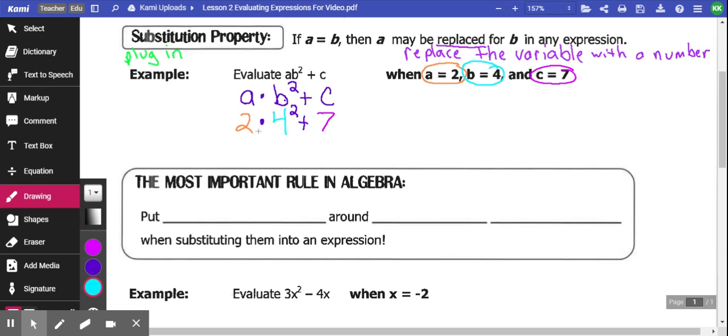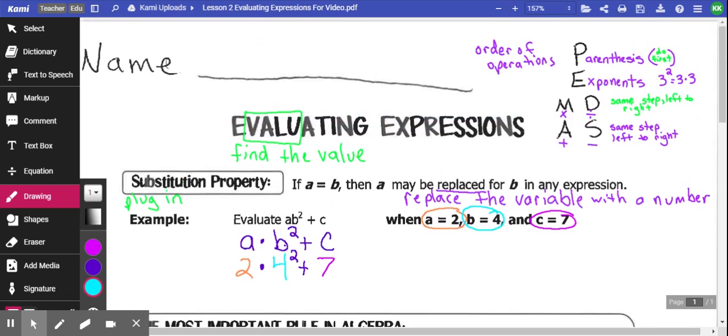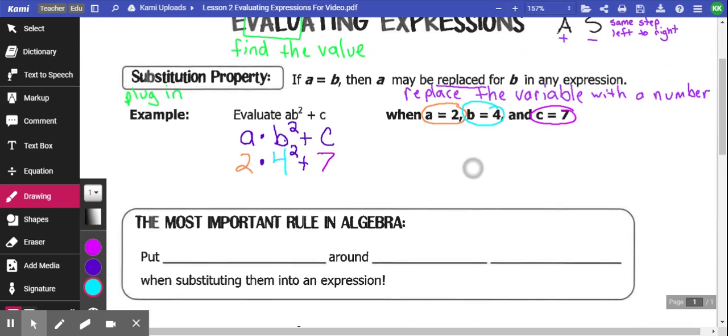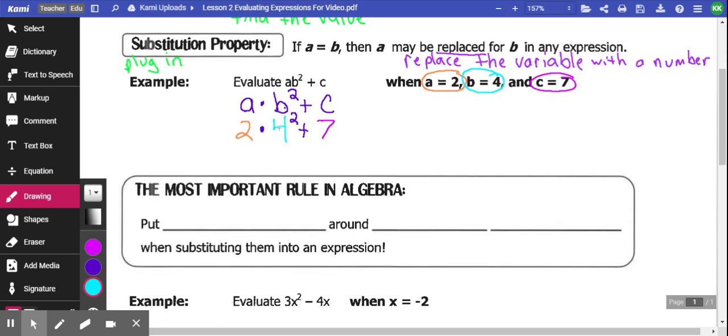So based on order of operations, I look and I don't see any parentheses. So remember, we have it at the top of our paper. So I go to exponents, and I do have one exponent, 4 squared. 4 squared means 4 times 4.